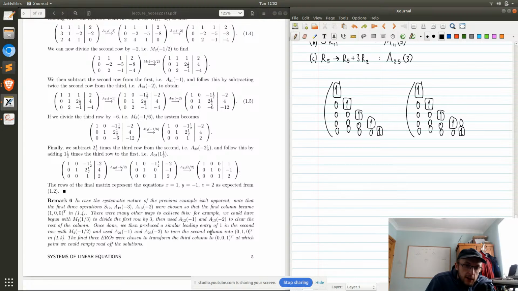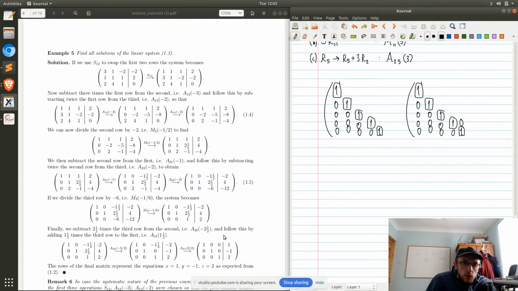Yeah, okay, so their goal was to get 0, 1, 0 in the second row. Sorry, in the second column, beg your pardon. And then to get 0, 0, 1 in the third column. So is that true? Yes, they did it there.